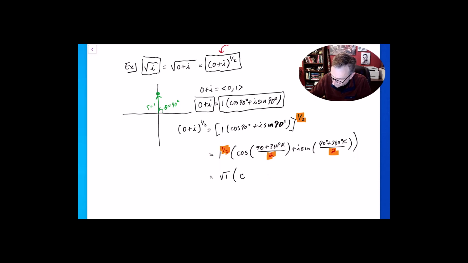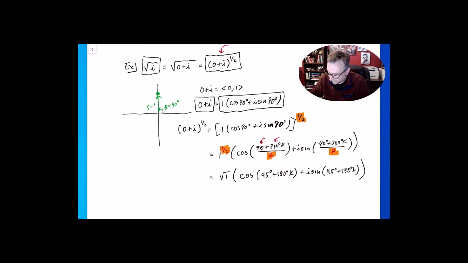And then we have cosine of 45 degrees plus 180 degrees k. So basically you got to divide both of these terms by 2, plus i sine 45 degrees plus 180 degrees k.